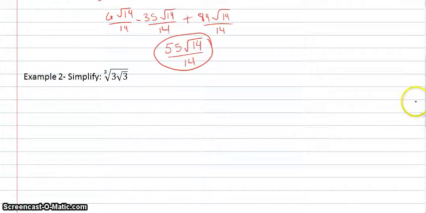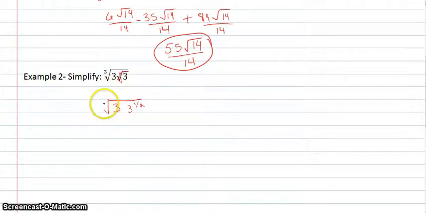Alright, in our next section, what I'm going to do is write my 3's with fractional exponents. So for the first 3, well, let me do this in steps. So I'll have 3, and then I'll have 3 to the 1/2, just getting rid of this radical right here.